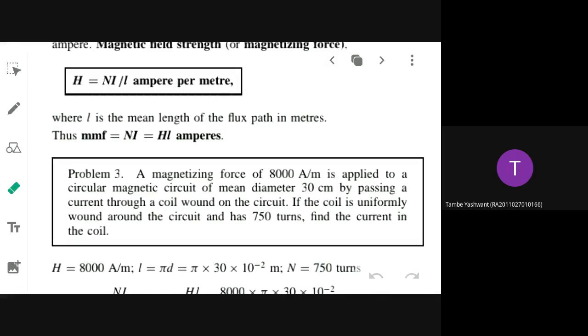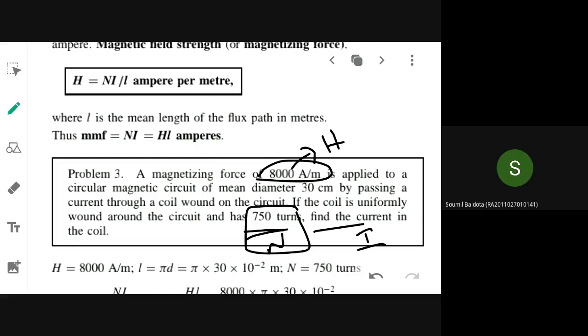How will you solve the problem? What are the things given? N is given, the number of turns, so N value is 750 turns. They have given H, that is NI by L. So H is given and they have asked you to find the current I. We can find the circumference: L is 2 pi r or pi d, the mean length.